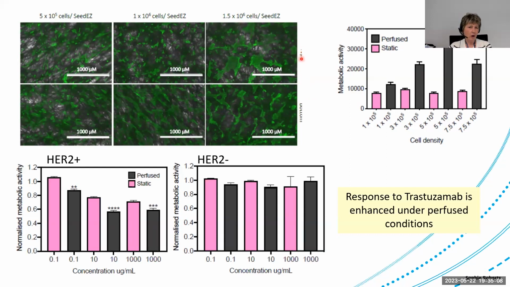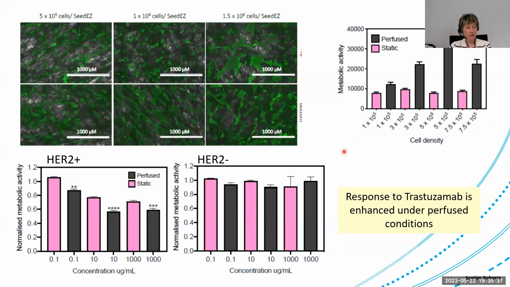And this is the top of the CDZ and the bottom of the CDZ. The cells grow across and between the glass fiber membranes. But interestingly, under perfused conditions, the grey lines, compared to the static conditions, the cells are a lot more metabolically active, and this was true at all the different cell densities that we looked at.